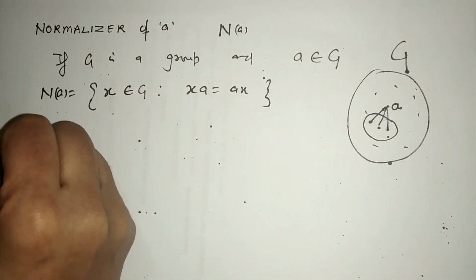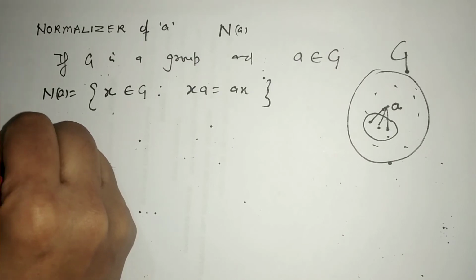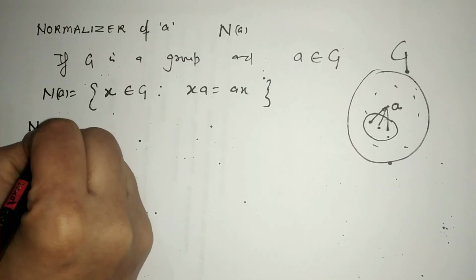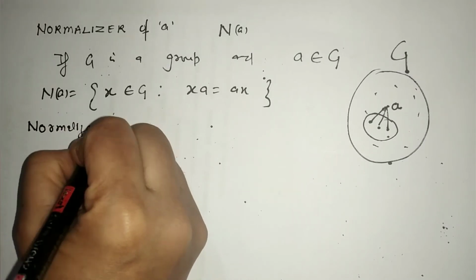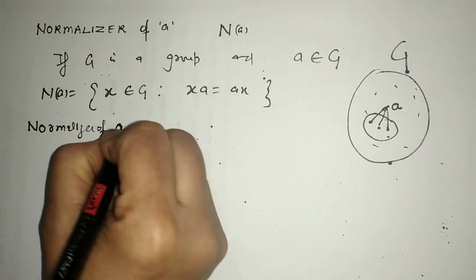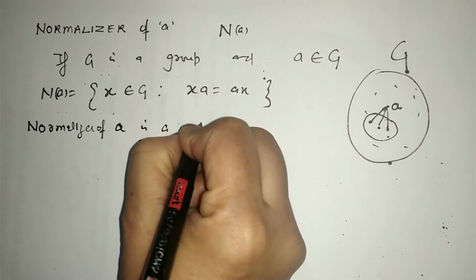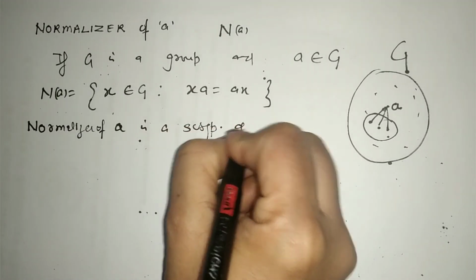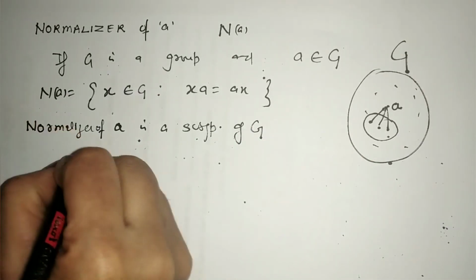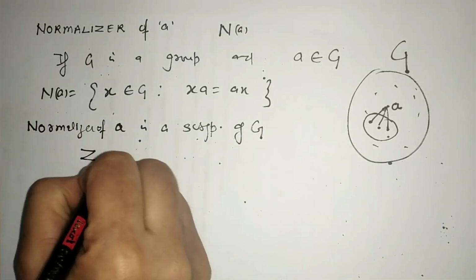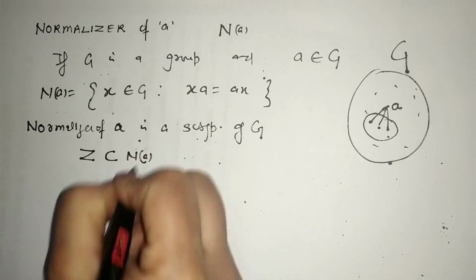Now we will prove that normalizer of A is a subgroup of G, and also we will show that Z is a subset of normalizer.